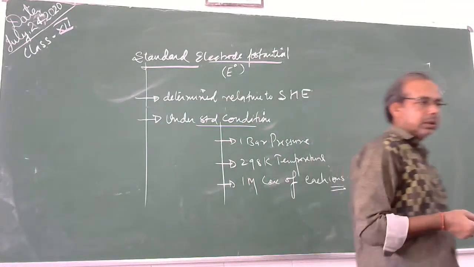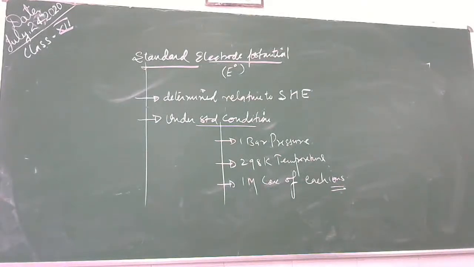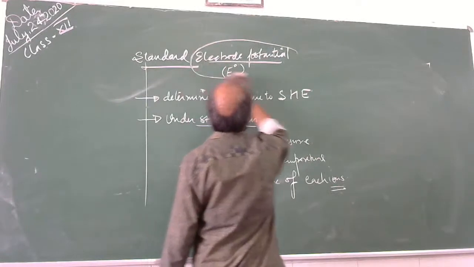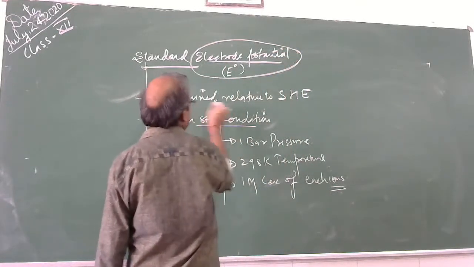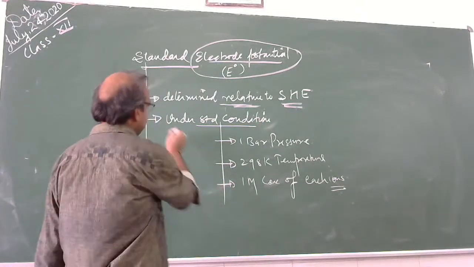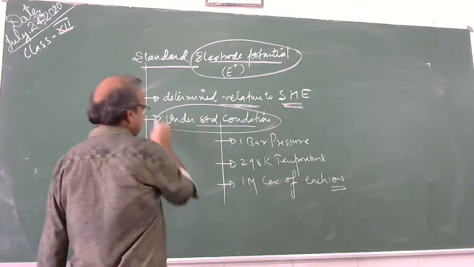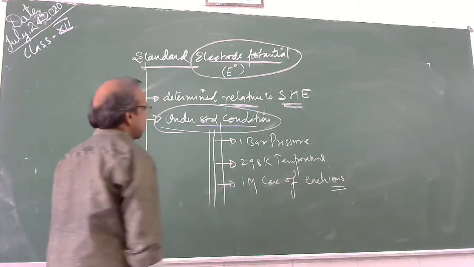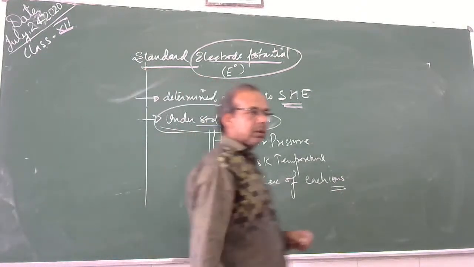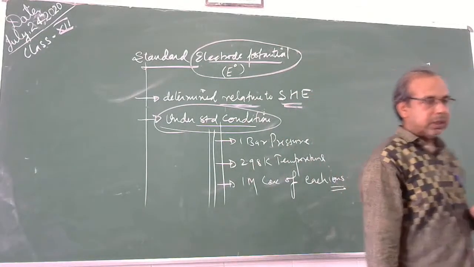So when we calculate the electrode potential of any electrode in connection with the standard hydrogen electrode under the standard conditions, we call that electrode potential the standard electrode potential.